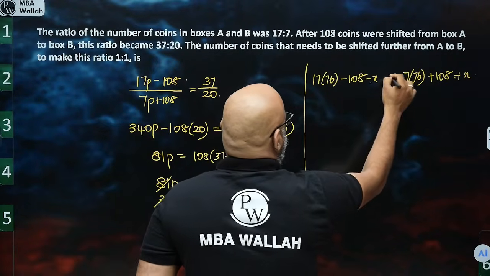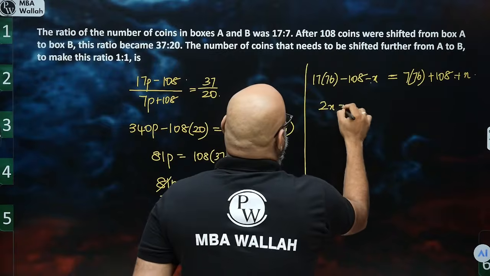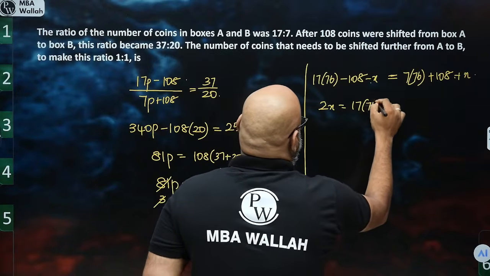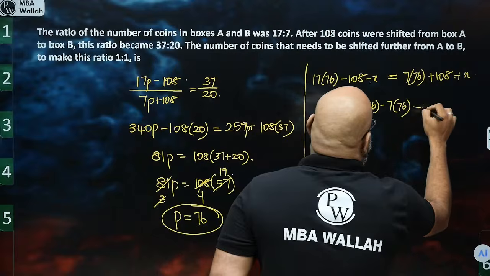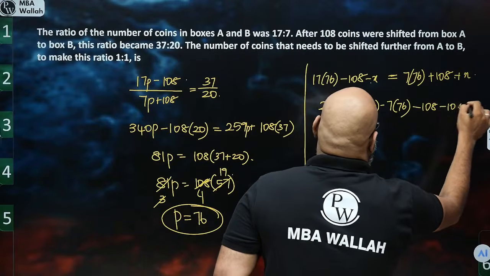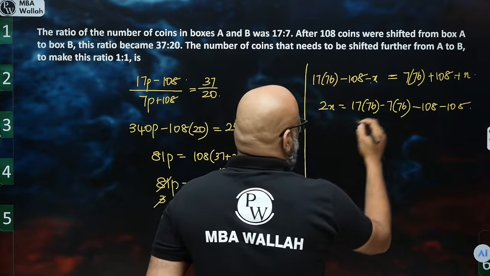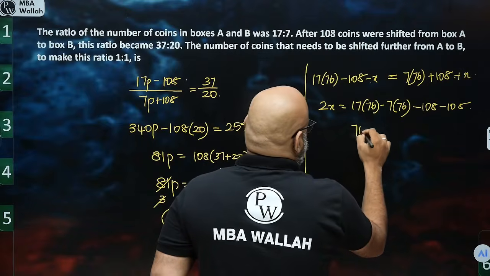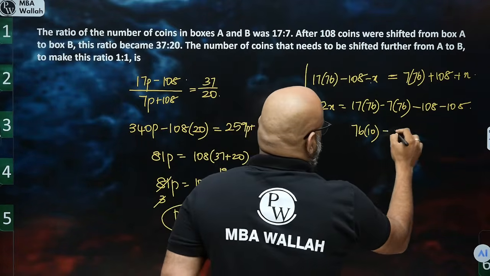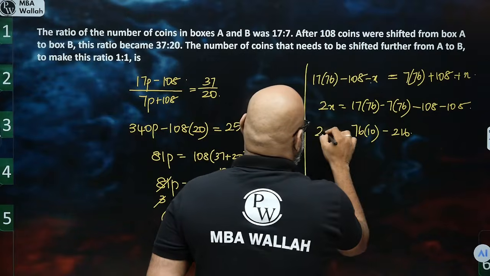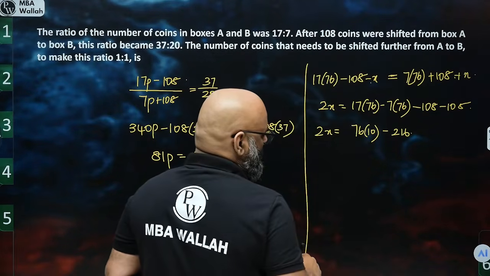So you'll have 2x is equal to 17 into 76 minus 7 into 76, minus 108 minus 108. So this will become 76 into 10, 17 minus 7, minus 216. 2x is equal to this.